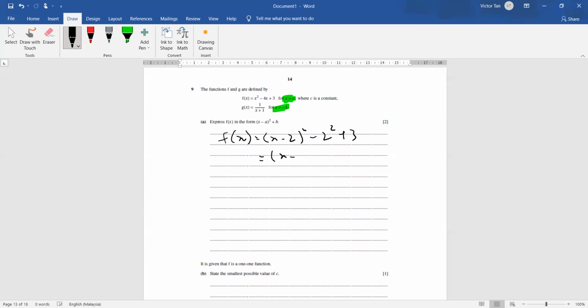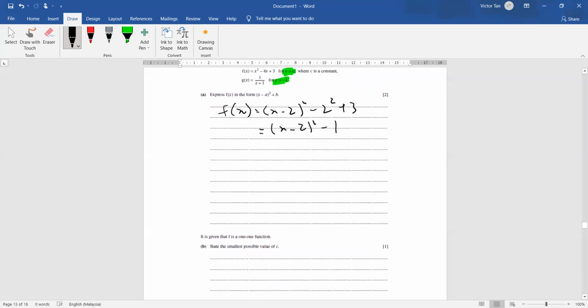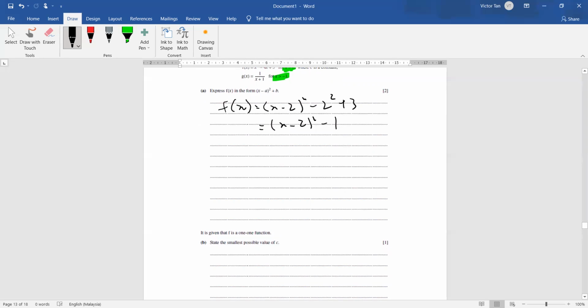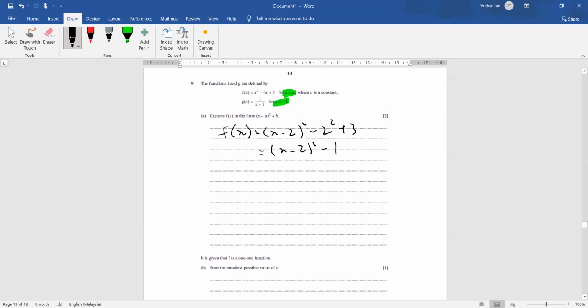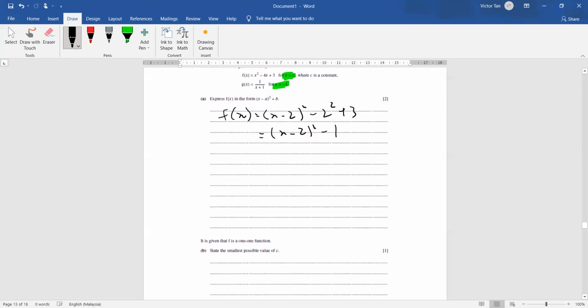This is quite simple if you know how to do it. It is given that f is a one-to-one function. State the smallest possible value of c. So this function has a minimum point at minus 1, so c will be equal to 2, which is the smallest value.